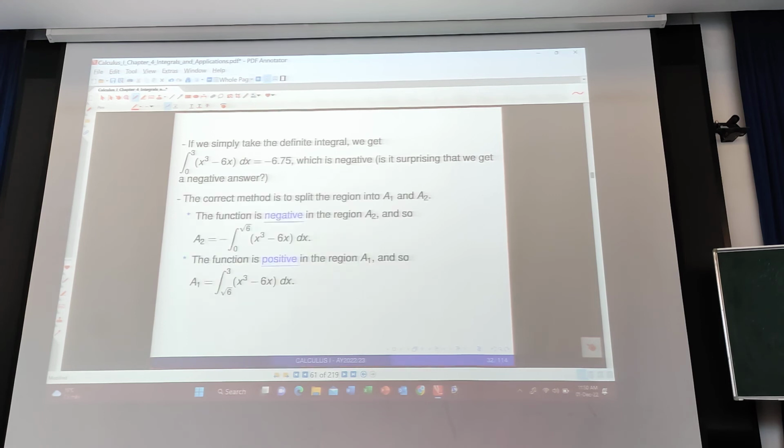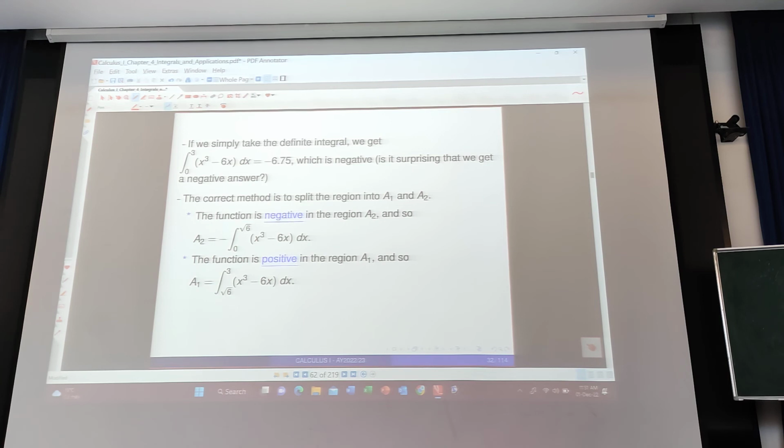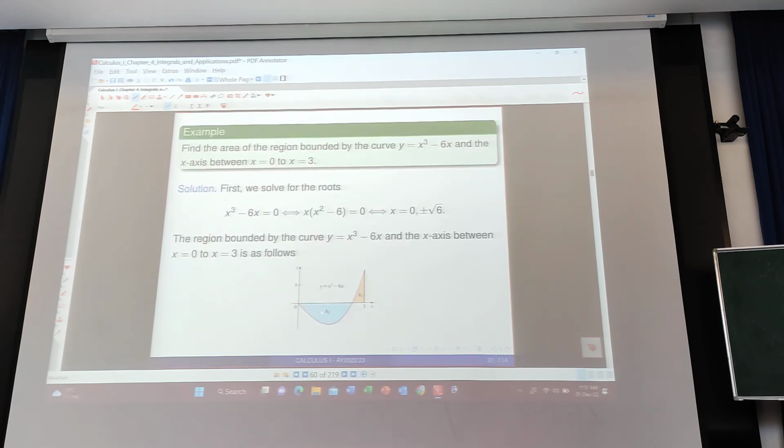So you have to split up to have this one. You take the positive integral, and then for the other one you take the opposite. Actually, you have to take this. This is the integral, and you should look at that one.